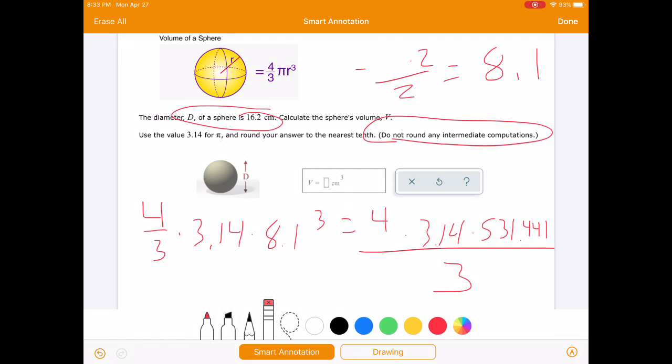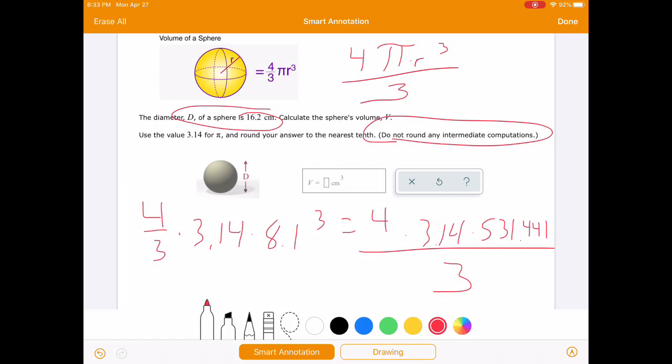So instead of 4/3 times pi r cubed, we can say this is 4 pi r cubed, and then divide it by 3. So if you don't have fractions on your calculator, not a big deal. When things are in the numerator, you multiply. Things in the denominator, you divide. So that's what we can do here.